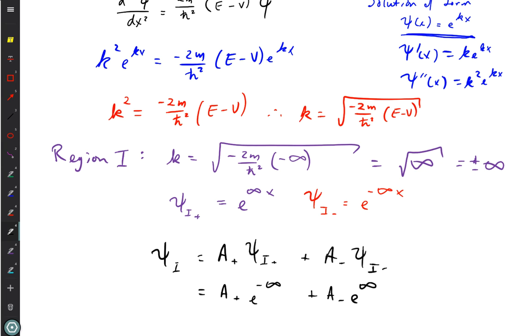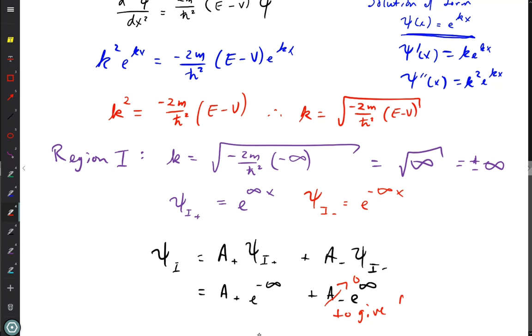Well, what's e to the plus infinity? It's infinite. We have a rule that we have to have a finite wave function. We can't have an infinite probability of it being at some location, right? And so to keep ourselves having a finite solution, A minus has to go to 0.